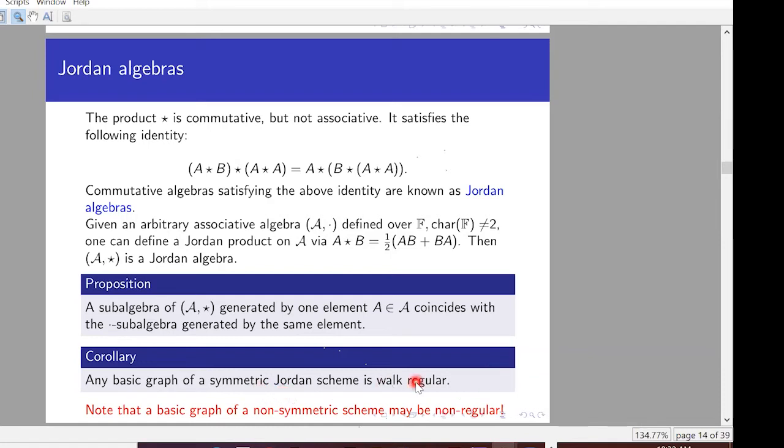There is an example of a Jordan scheme, homogeneous, on 4 points, which is non-symmetric and non-regular. And here it comes.